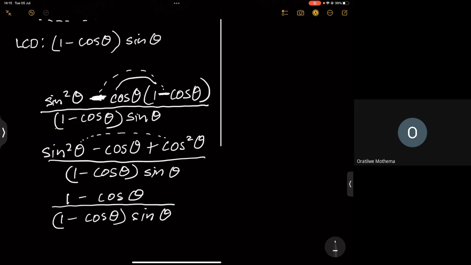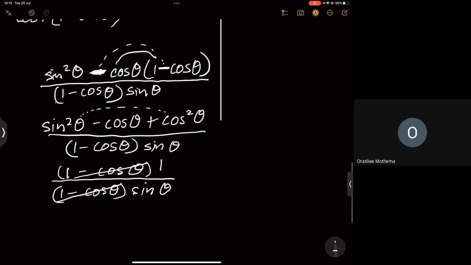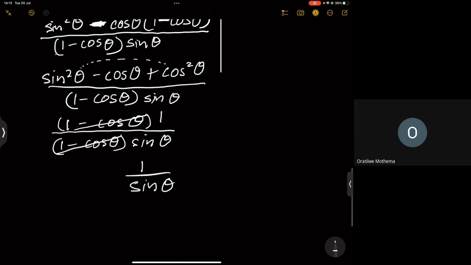I'm sure you're seeing it now, ne? Yes, sir. What happens? We cancel the 1 minus cos theta, and we're left with a 1. So that will be equal to 1 over sine theta. Uratile, what can you say now? Left hand side is equal to right hand side.